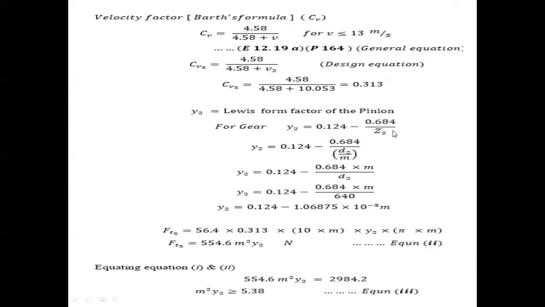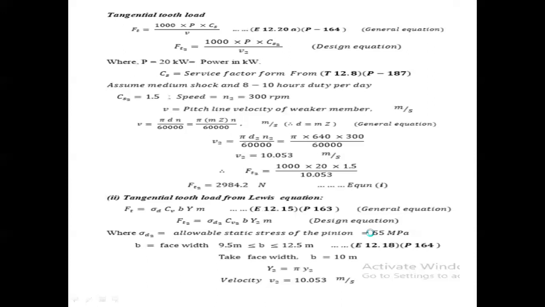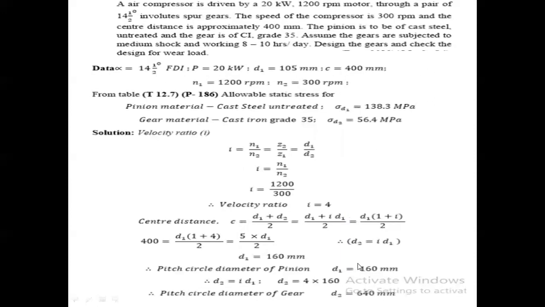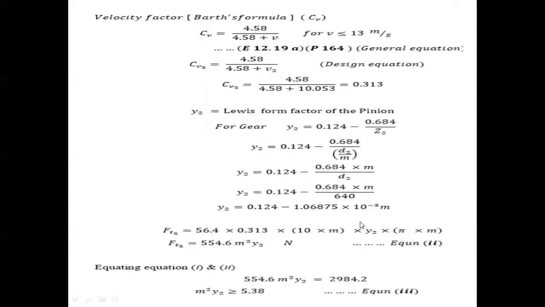That 80 is only for deciding which one is the weaker member. We can't use that value here for our module calculation. We know the relation d is equal to mz, so z is equal to d by m, that is d2 by m. By that relation, we can substitute here z is equal to d by m.